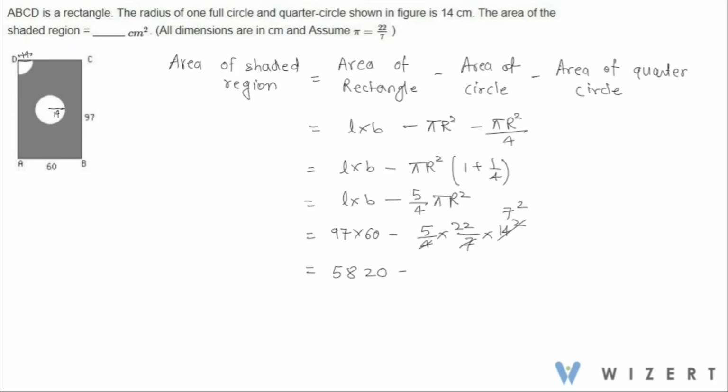This 7 cancels out this 7, so we have 5 into 22 into 7, which is equal to 22 into 5 is 110, 110 into 7 is 770.